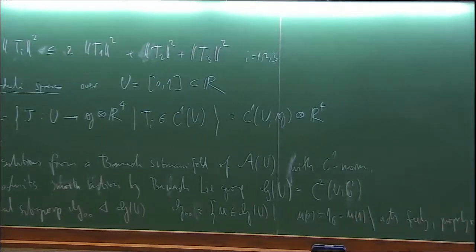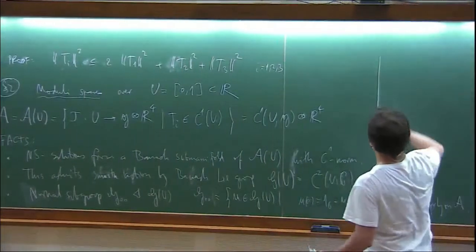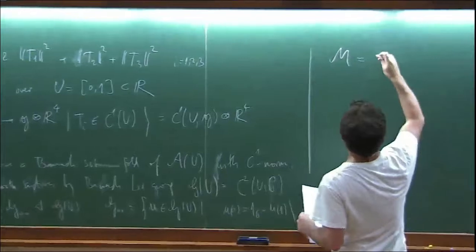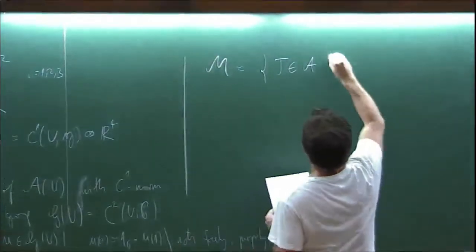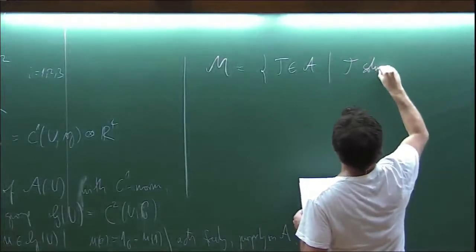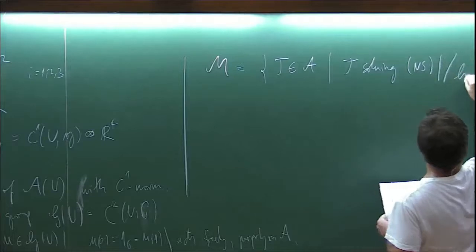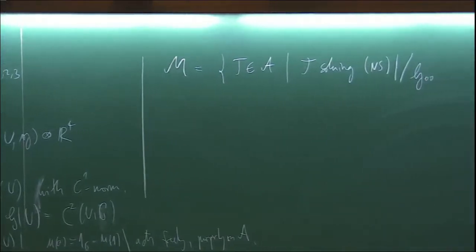Okay, and now we can define the moduli space as the elements in A solving the Nahm-Schmid equations, divided by this group, G naught naught.